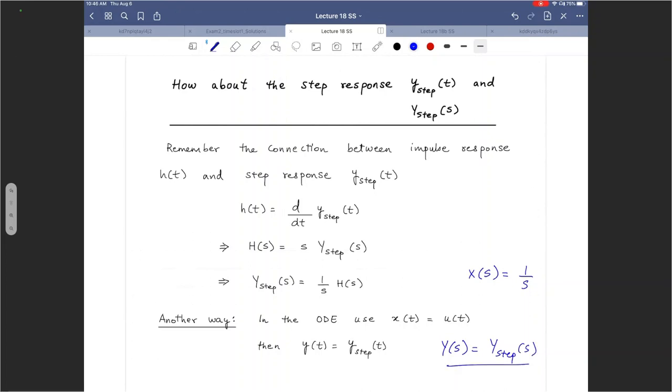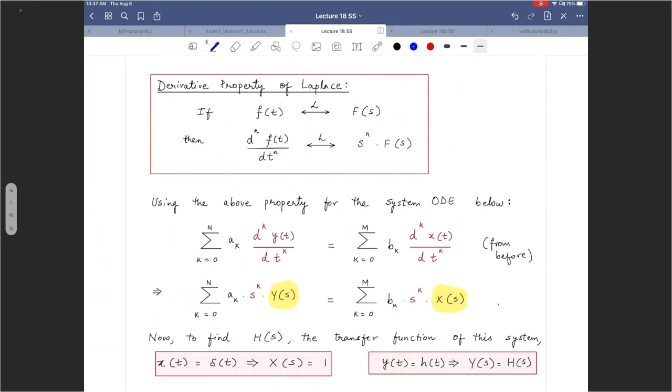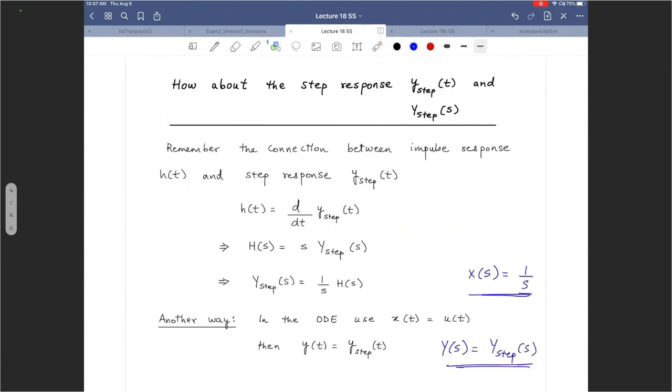So if you substitute these two in the previous equation, Y of s becomes y step of s, X of s becomes 1 over s, and then rearranging the terms, you still get the same result: y step of s is 1 over s multiplied by H of s. Transfer function divided by s gives the step response in the Laplace domain. If you still need the step response in the time domain, you still have the step of taking the inverse Laplace transform, for which again you may need partial fractions.